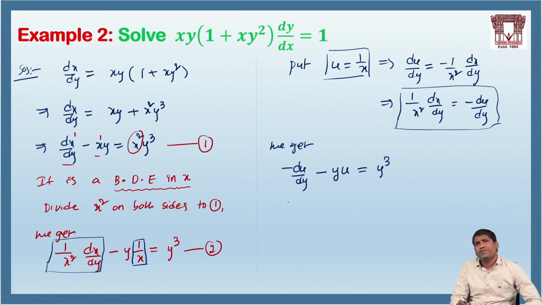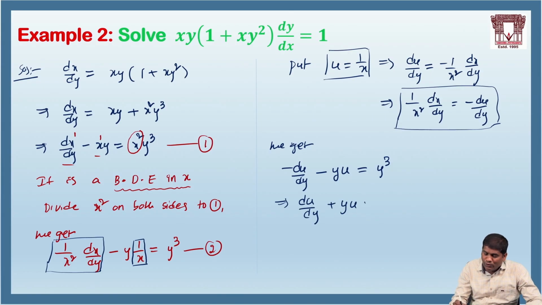Coming to the linear differential equations, the derivative coefficient is always unity, plus 1. Here we have the negative, so we have to convert this one as a positive by multiplying by the negative on both sides. Then we can get du/dy plus y into u is equal to minus y³. Now I am giving the equation number 3 to this.